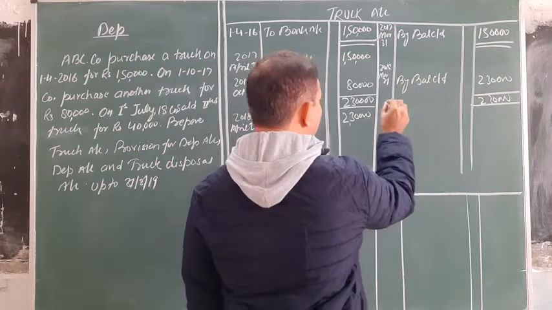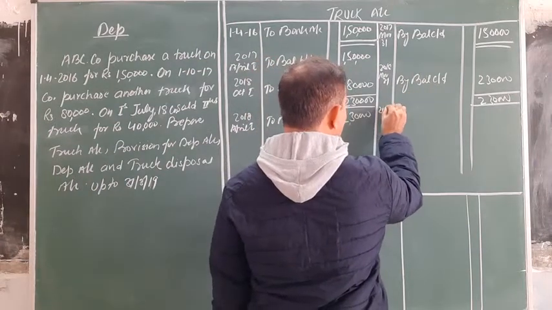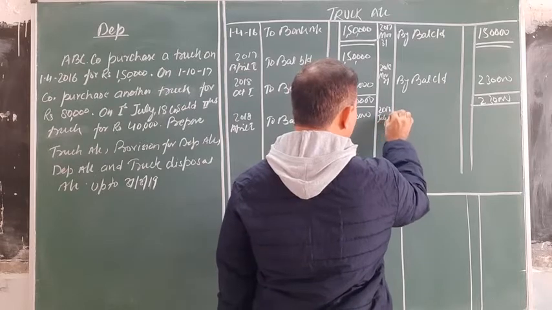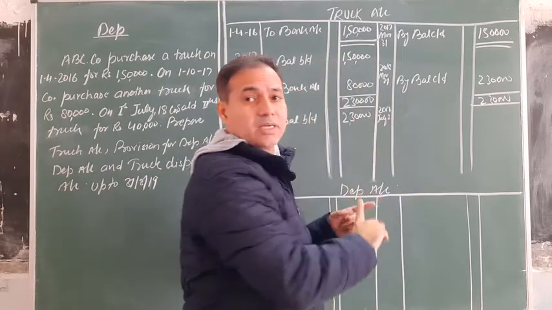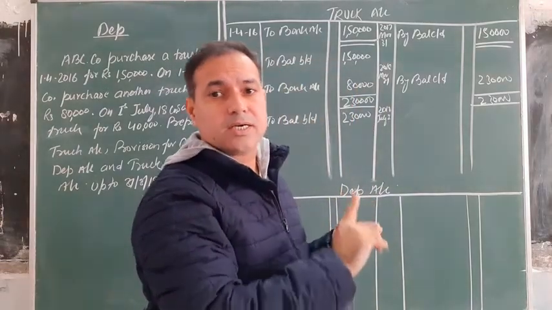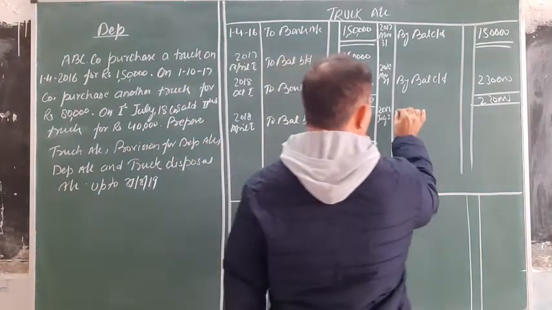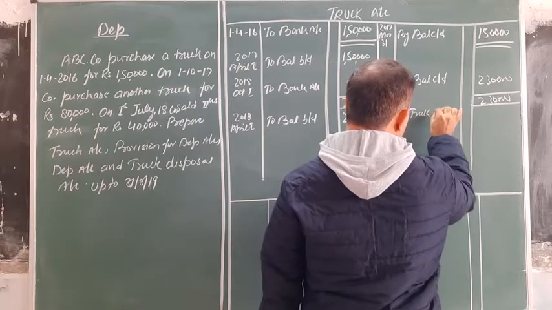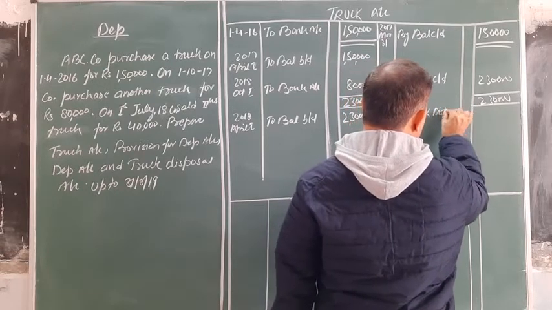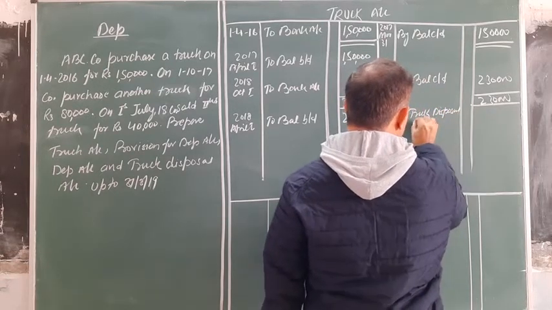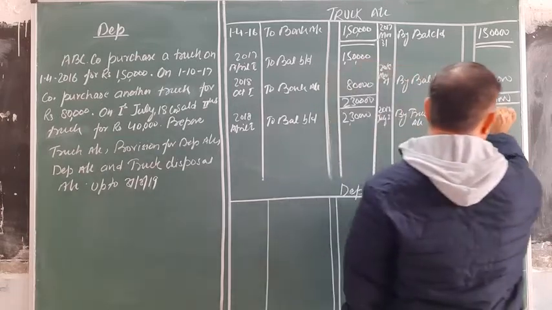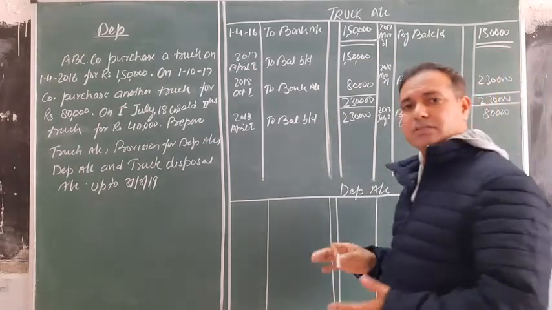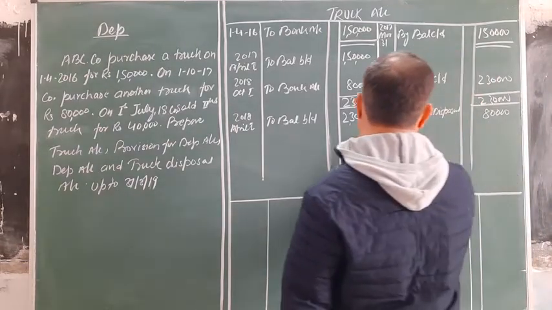So on 1st July 2018, we transfer the truck to truck disposal account by truck disposal account. The cost of the second truck is rupees 80,000, and the balance we will forward to next year.